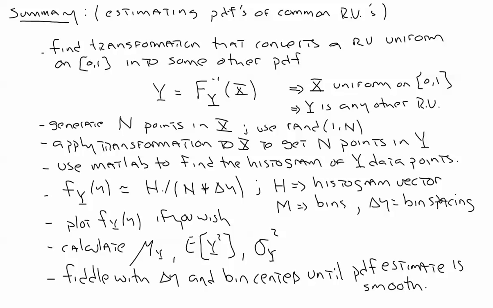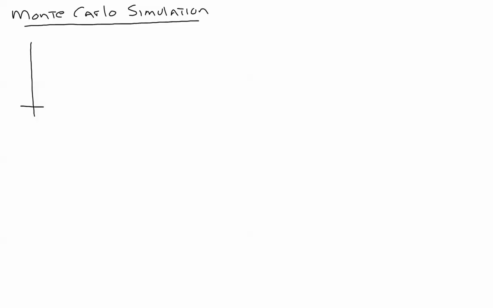For Monte Carlo simulation, we're going to take one additional step. Let me just sketch this out as a diagram. I'm going to start by assuming I begin with a random variable x that's uniform on 0 to 1.